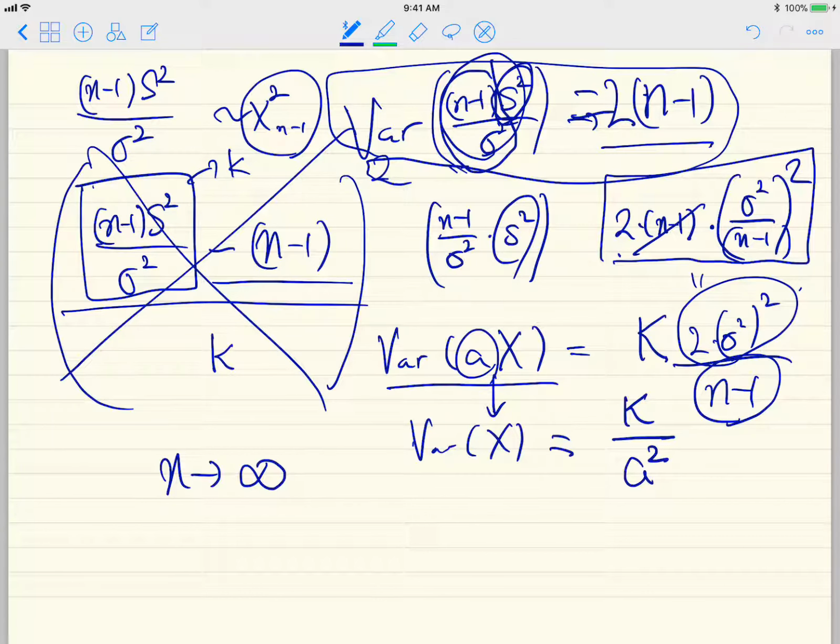So what is the meaning of the variance of s squared? S squared was basically an estimator for our true variance sigma squared, right?